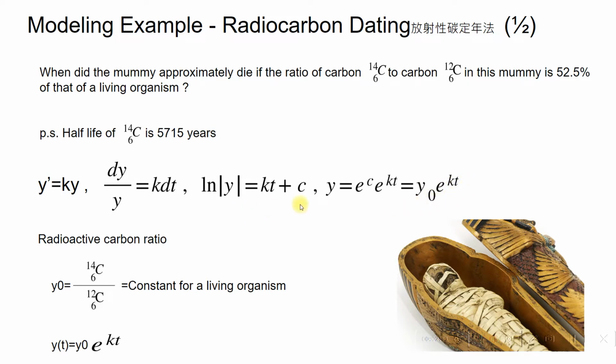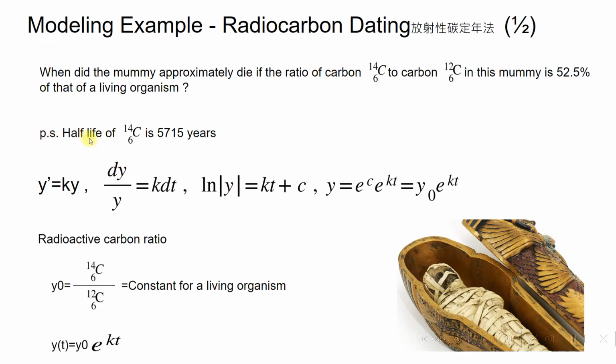And also we can predict that k is a negative number. And what's in the middle is the detailed calculation, which we want to overlook for the moment.